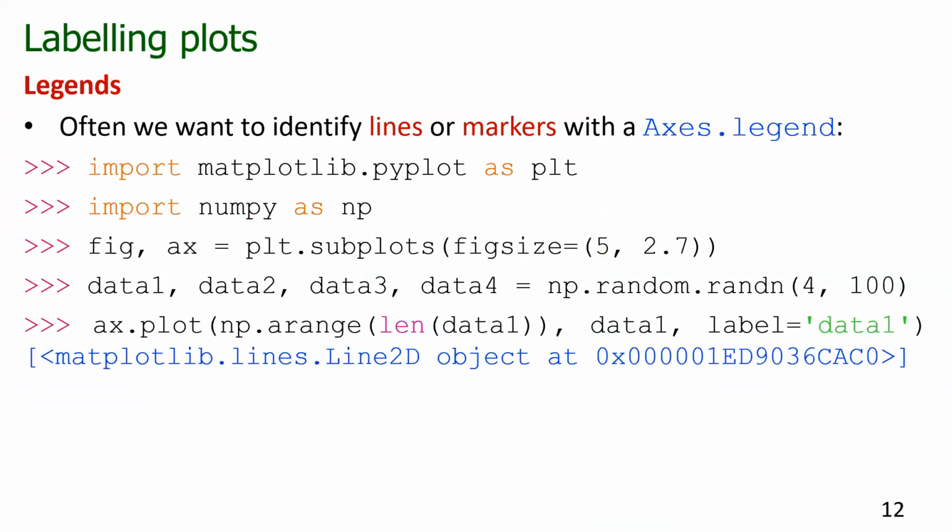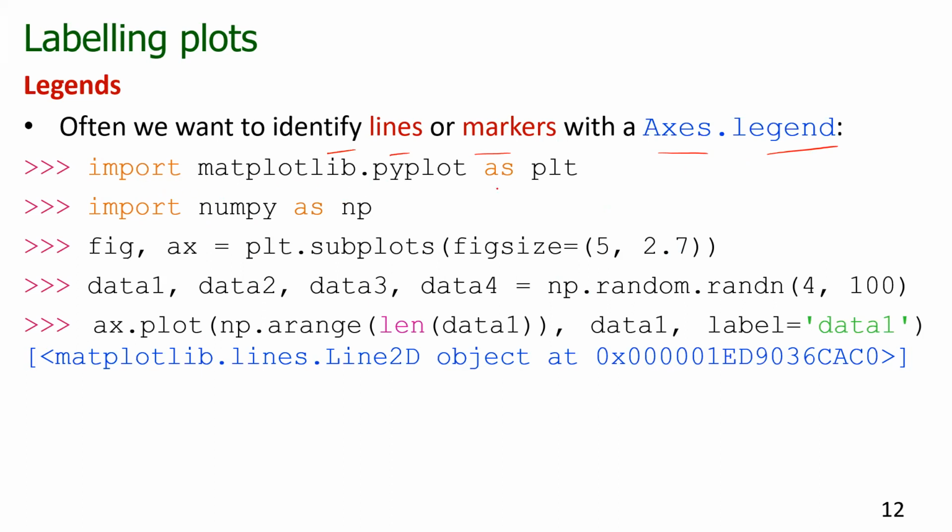Then coming to legends. In our earlier lecture programs, we already saw some examples related to legends. Often we want to identify lines or markers with axis.legend. Here, let us see the following program.